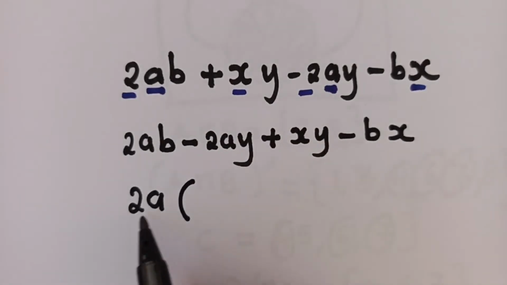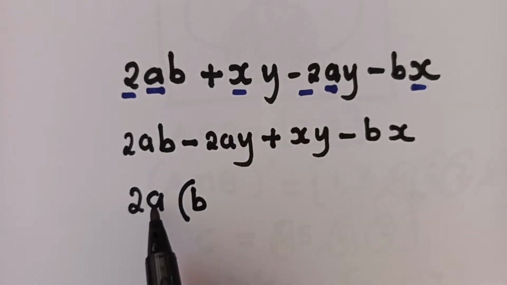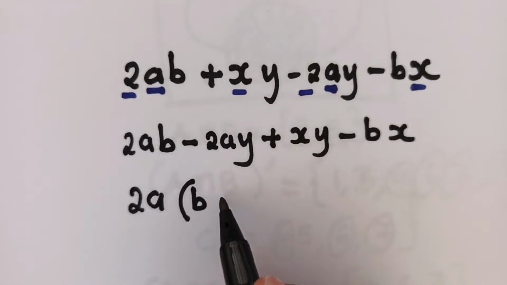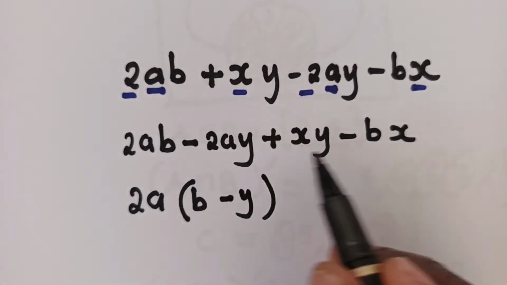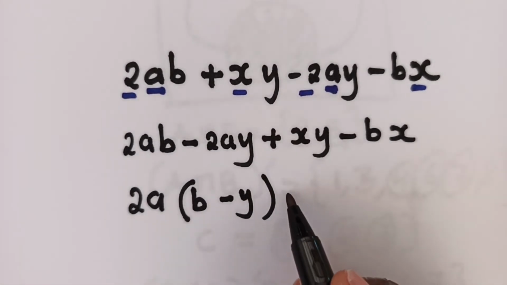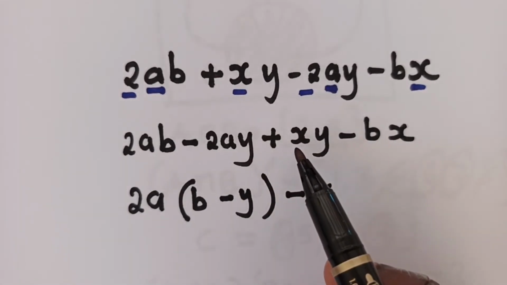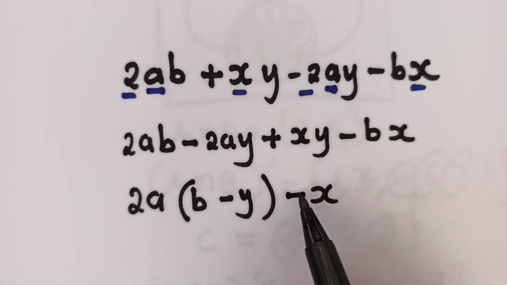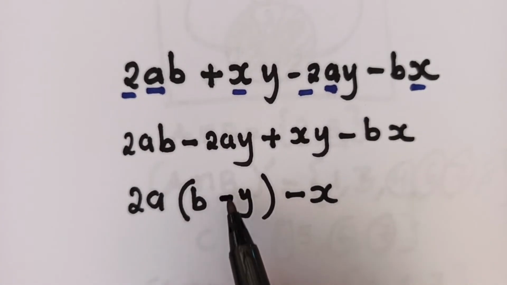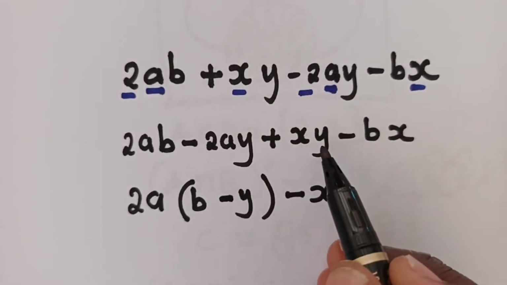So you say 2A into 2AB, it will just be B. 2A into negative 2AY, it will be minus Y, because 2A is already outside the brackets. Okay? Now here, what is it that is common? I'll put minus X. I know some people are saying we put X. The reason why I've decided to factor out minus is because this Y has got a negative sign. If I just get X here, this Y will have a positive sign.